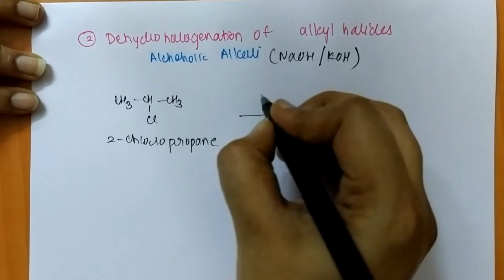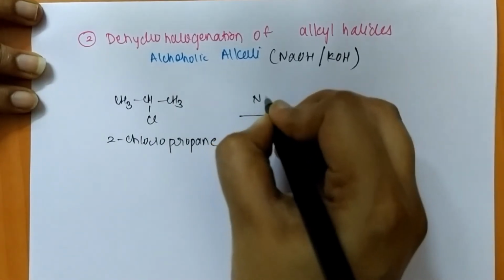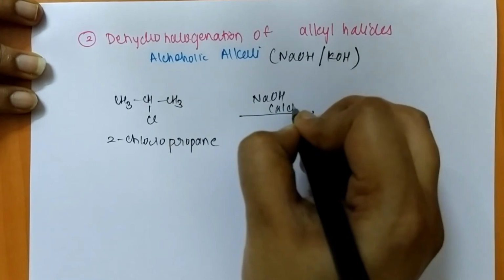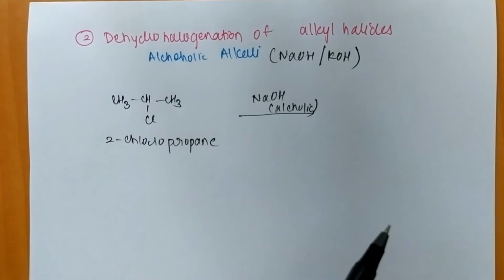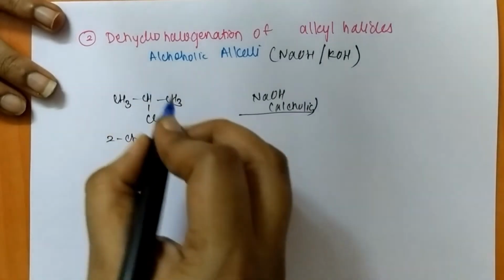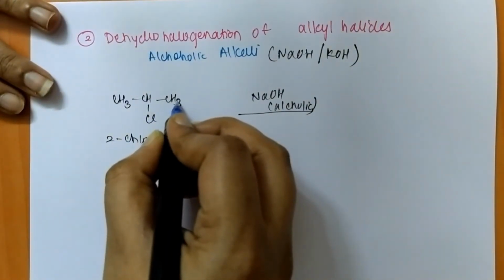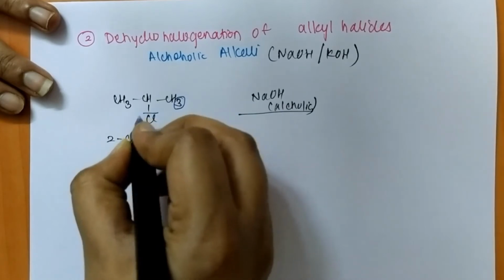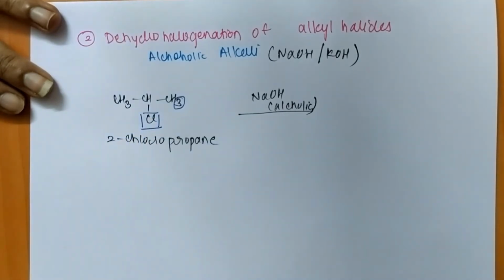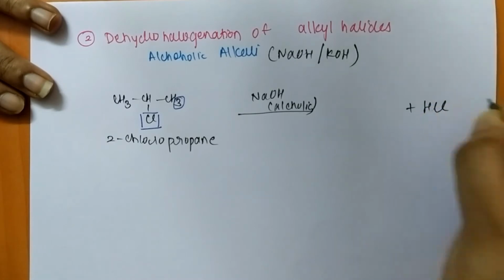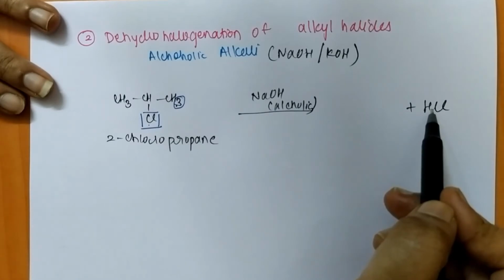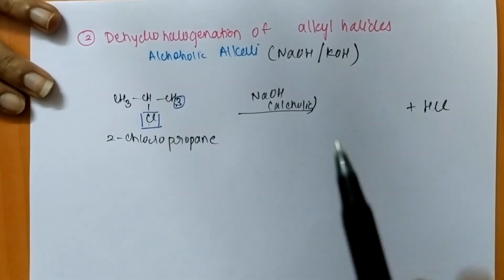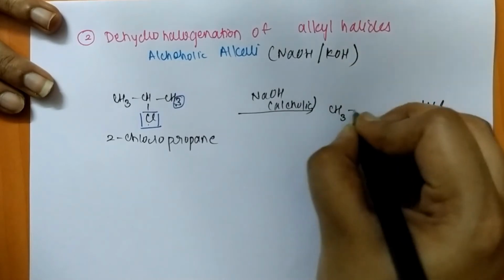So in the presence of the alcoholic alkali, let me take alcoholic NaOH, this is going to undergo the dehydrohalogenation, that is, one hydrogen atom from here is going to be lost and this chlorine atom is going to be lost, and therefore the byproduct which is obtained is HCl, because one hydrogen atom and one Cl atom come together to give HCl, and at last we are going to get a double bond here. So therefore we are going to get propene.